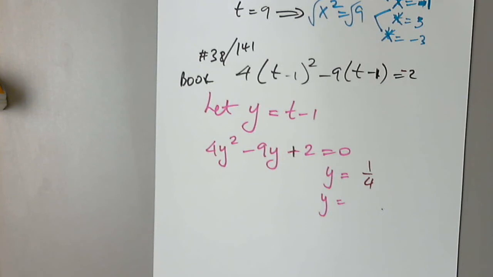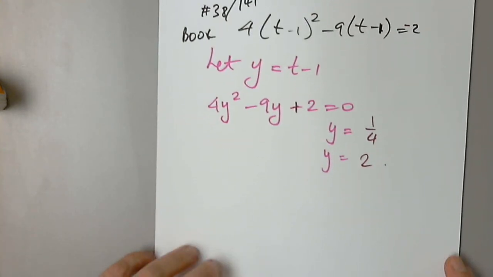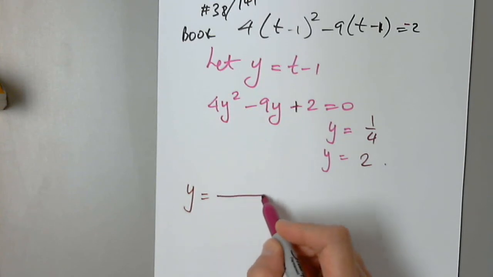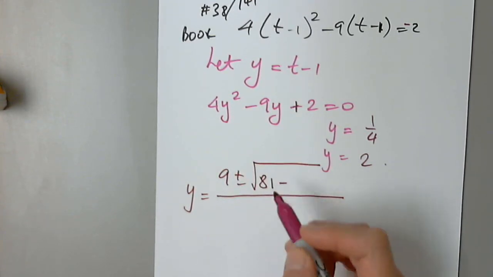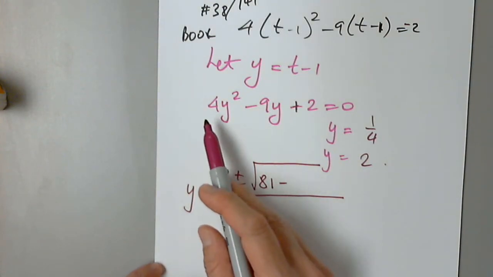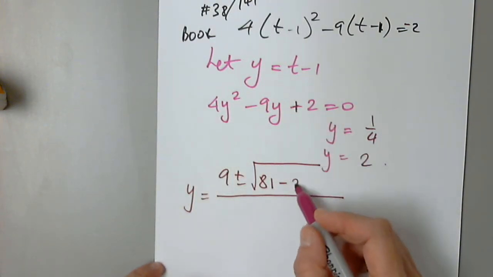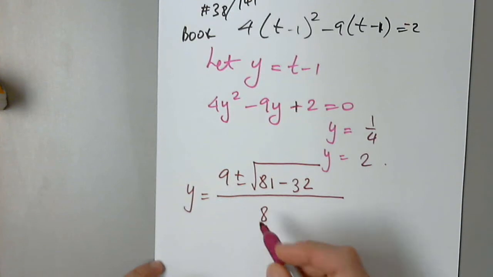With plus. So the point I'm making, and I'm going to write this down for you. When you use the calculator, so the other one is 2. When you use the calculator to determine the solutions using the quadratic formula, so we have y equals negative b plus or minus b squared minus 4 times 4 is 16 times 2 is negative 32 over 2 times 4, which is 8.